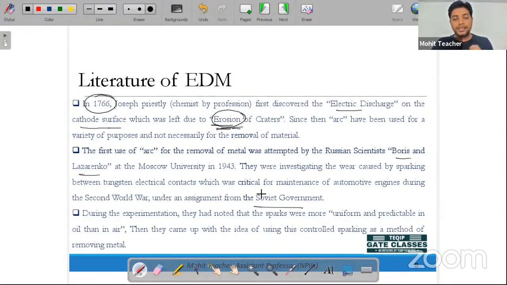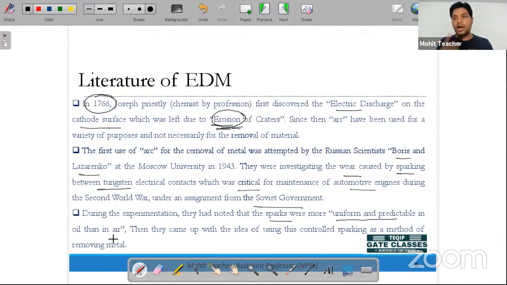They received an automotive engine that was critically damaged, and they were investigating the wear caused by the sparking between the tungsten electrodes, okay. They noticed that the spark that is generated is more uniform and predictable in oil as compared with air.